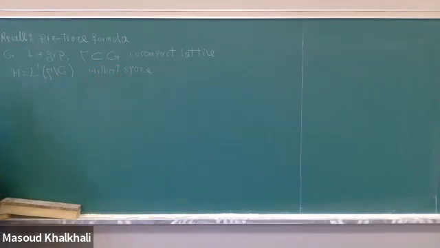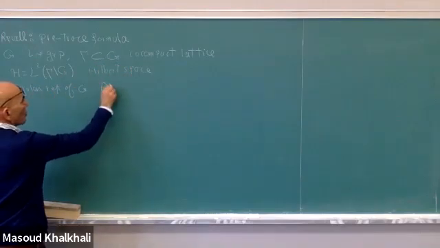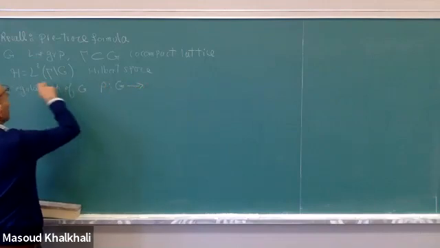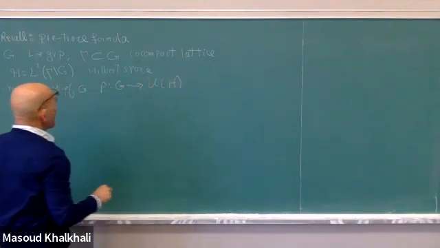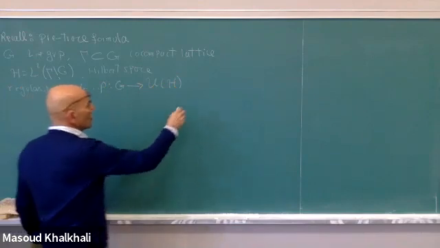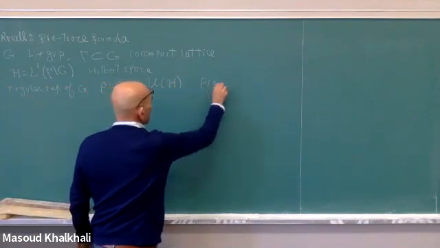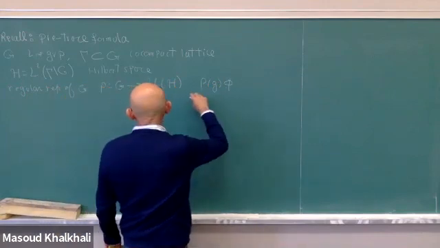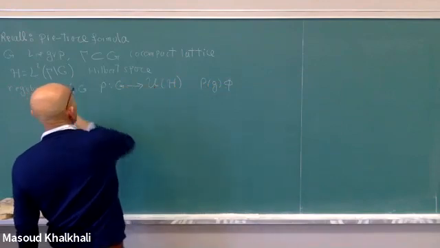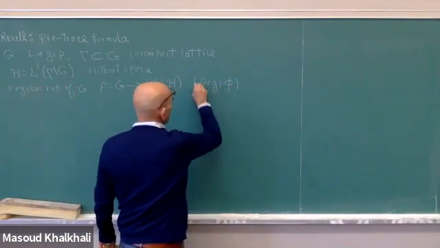Then we have this regular representation. So I think our notation was rho going from G to unitary operators on H, which was like this. So rho of g acting on phi is going to give me a new function.